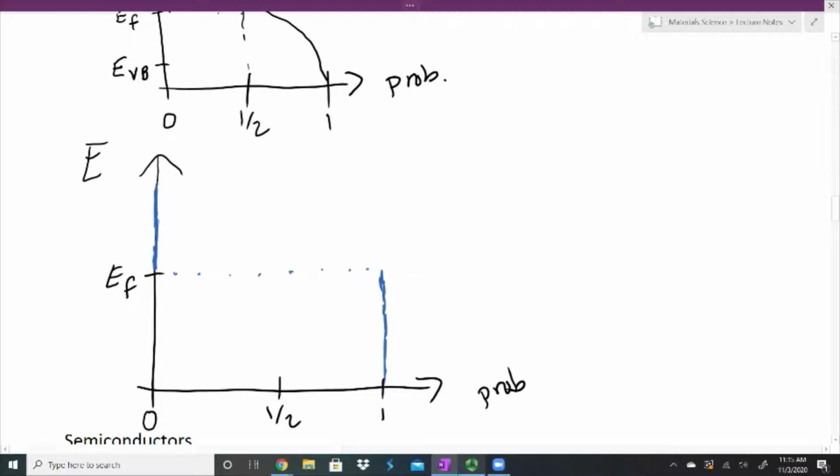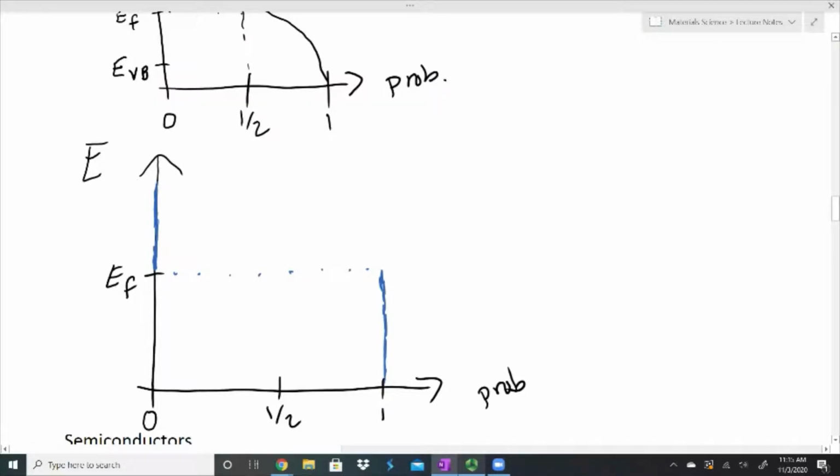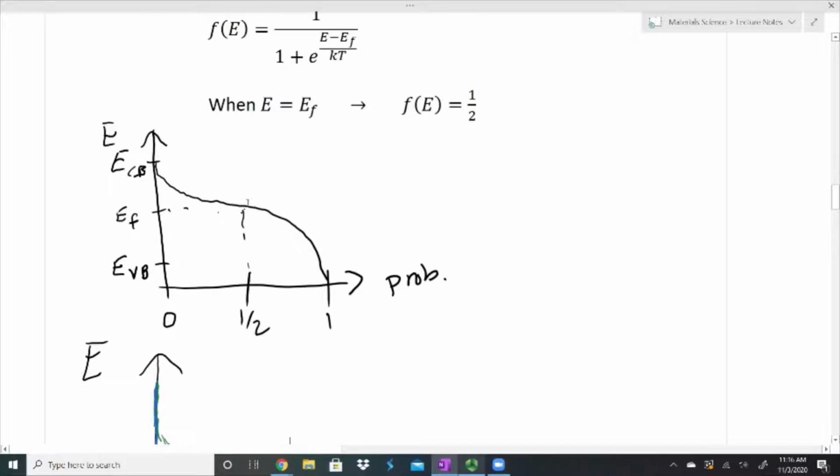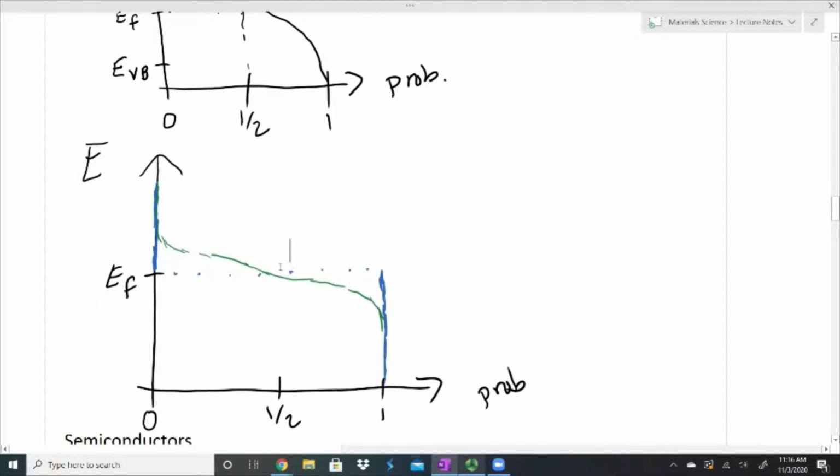Now let's say that I get something a little bit warmer. I'm going to do green here. Let's say this is at about 300 Kelvin or so. Getting something too high up is almost 0. And so I end up with this S-shaped curve again, similar to the curve that we have up here, but it's starting to bend out a little bit.